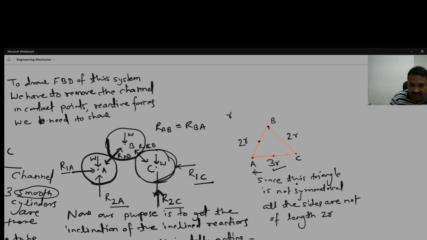We have to draw a line, and this is the perpendicular.